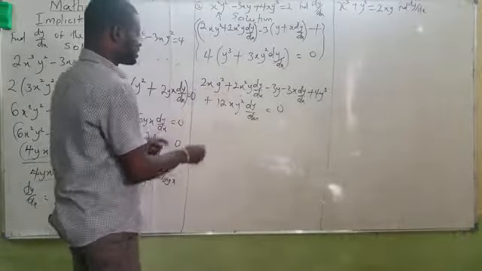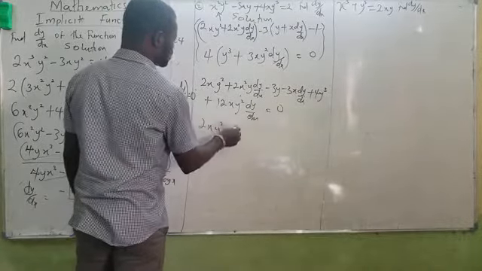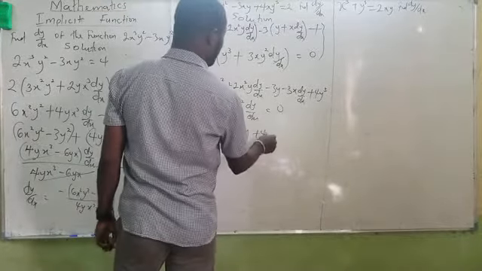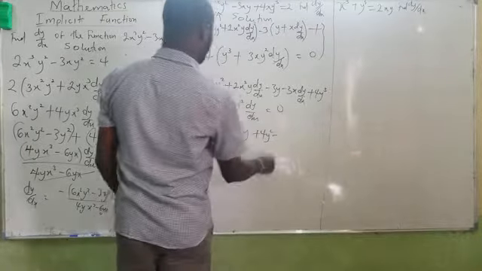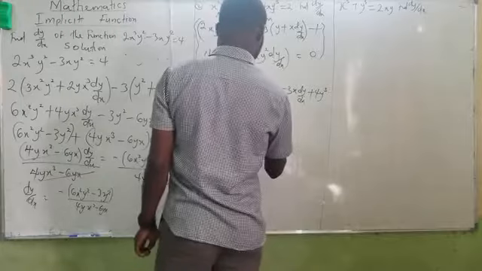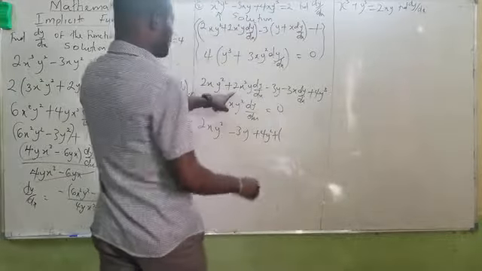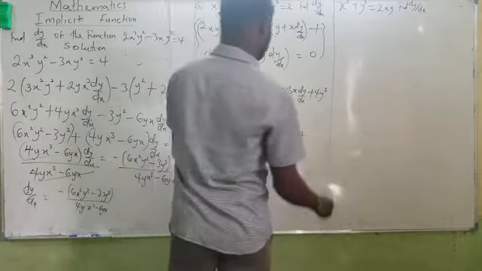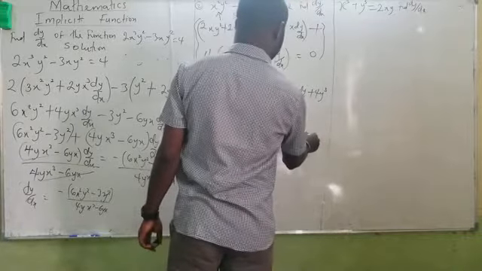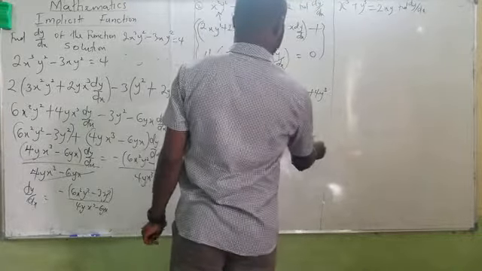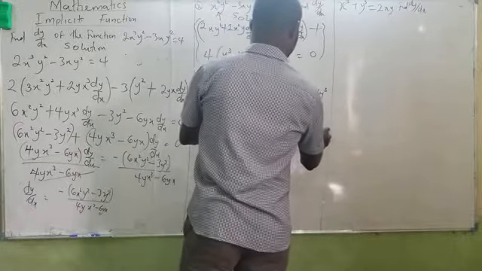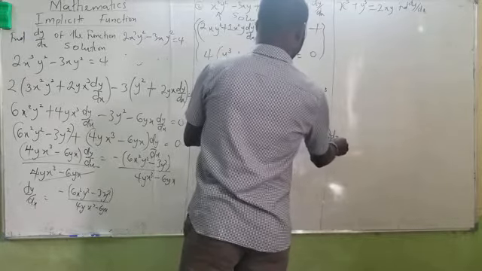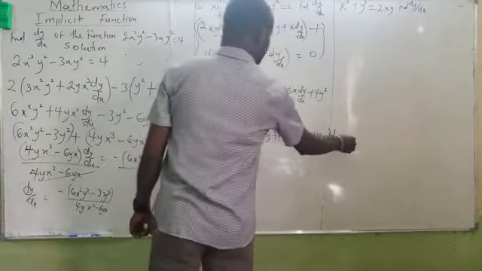Now, the one that has an ordinary number, which is 2xy squared minus 3y plus 4y cubed, this one will now be plus, open bracket of, I have 2x squared y plus, this is going to be minus 3x plus 12xy squared dy dx equals to 0.